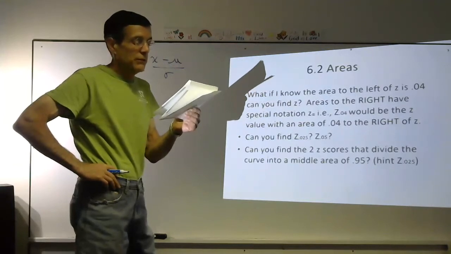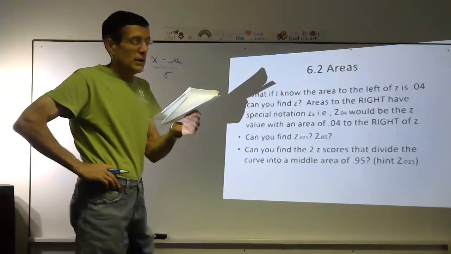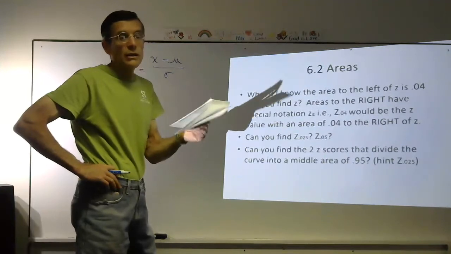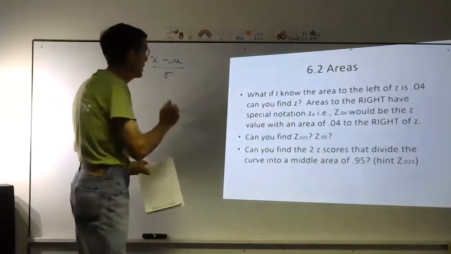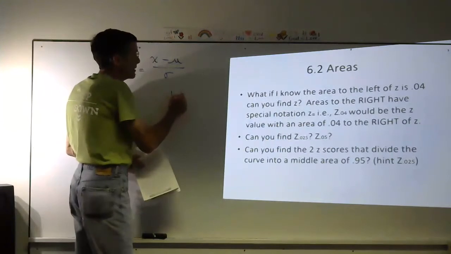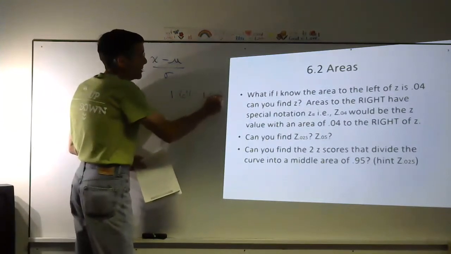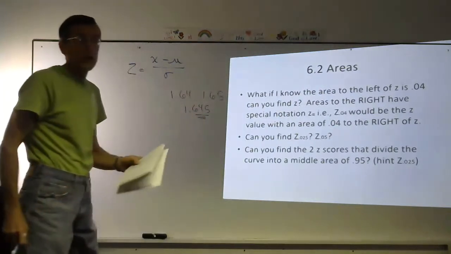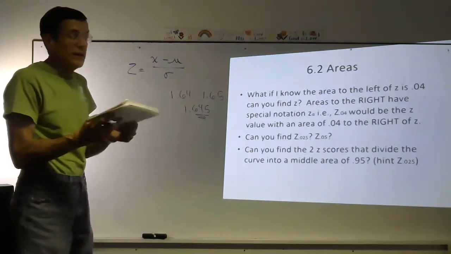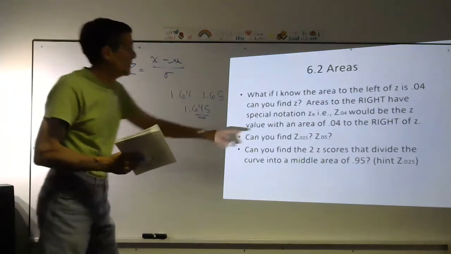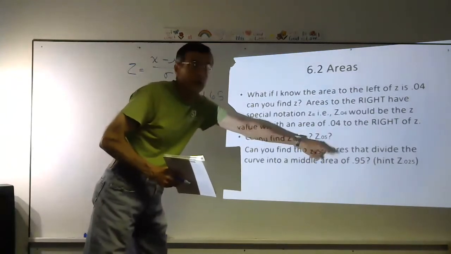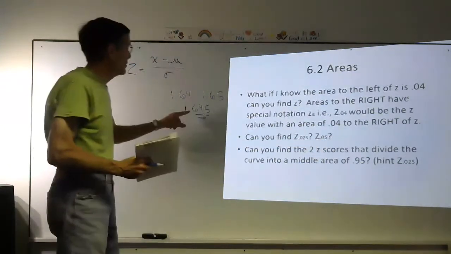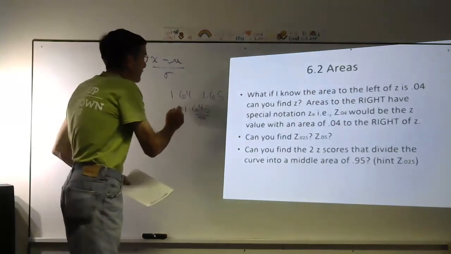Find it. 0.05 is dead in the middle of negative 1.64 and negative 1.65. So dead in the middle of 1.64 and 1.65 is 1.645. Okay? And negative, but because 0.05 is the area to the right, we know we're on the right-hand side, and you would then make this positive. Okay?